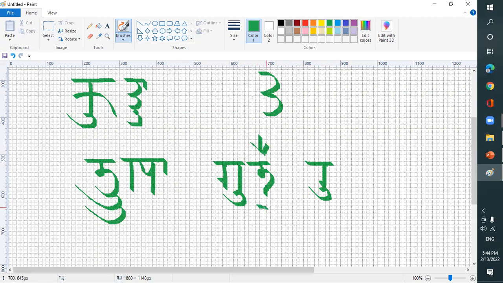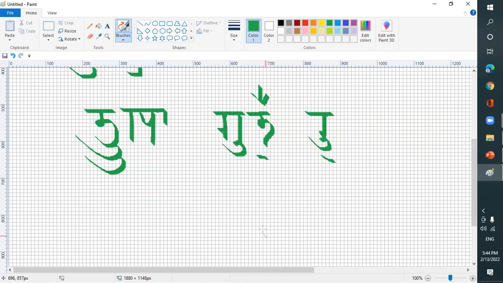Uru is written like this. But suppose you have to write Guru, then it will be written like this. Guru. There is only one way to do it; we cannot do it in this way. Guru is written this way as well as this way also. This you have to remember.